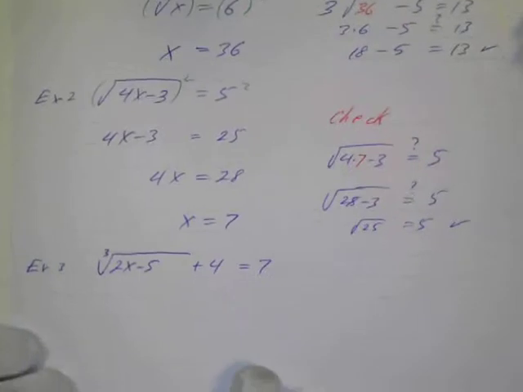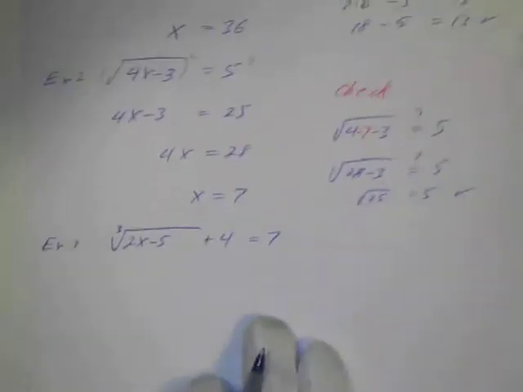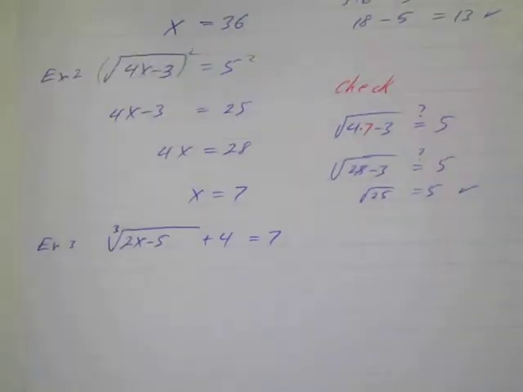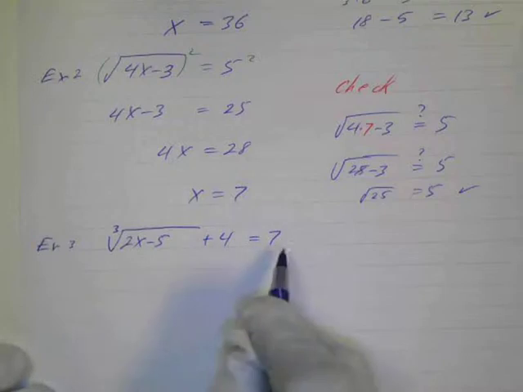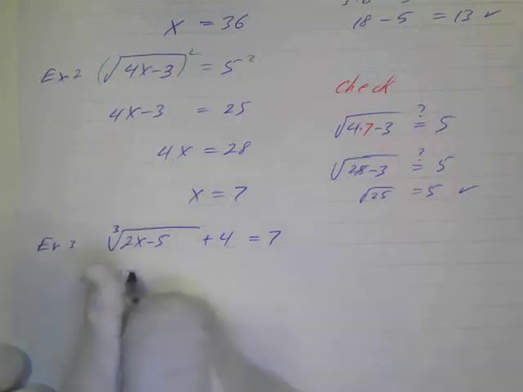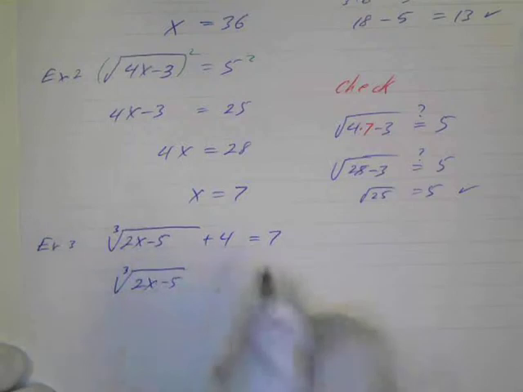So the first thing we want to do is isolate this. So we'll subtract 4 from both sides. So we have the cube root of 2x minus 5, and if I subtract 4 from both sides, that equals 3. And then I'll cube both sides.